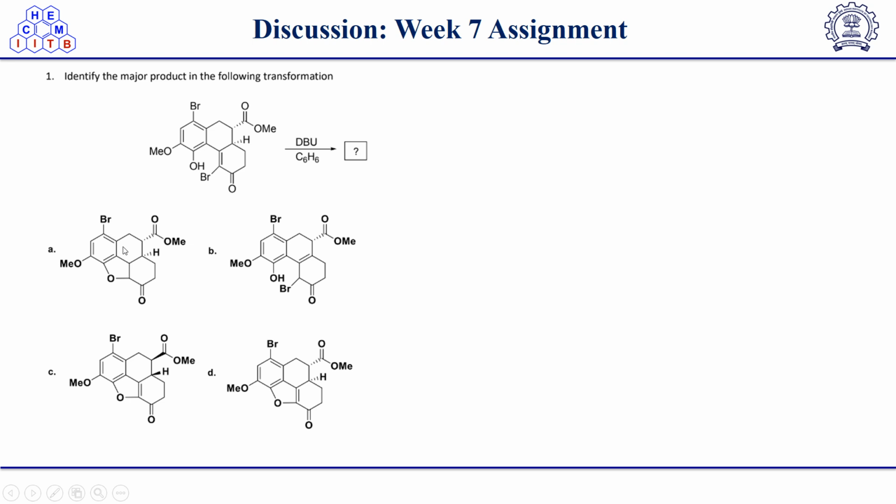The third option is again an additional ring forming, but the difference between option A and option C is the presence of this double bond in option C, as well as the stereochemistry of this particular ester group. Then in option D, this alkene is present, but the stereochemistry of this ester is different from that of option C. Those are the four options given here.